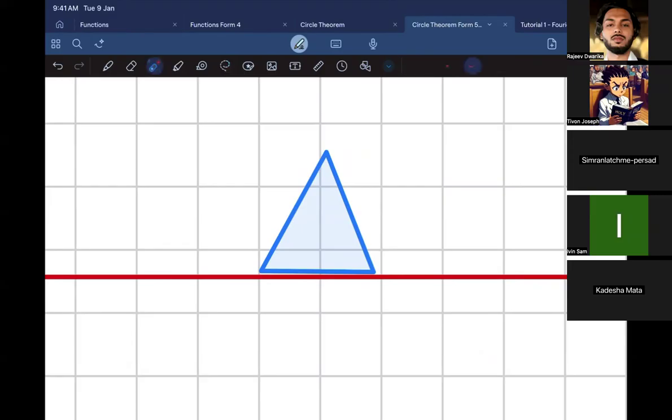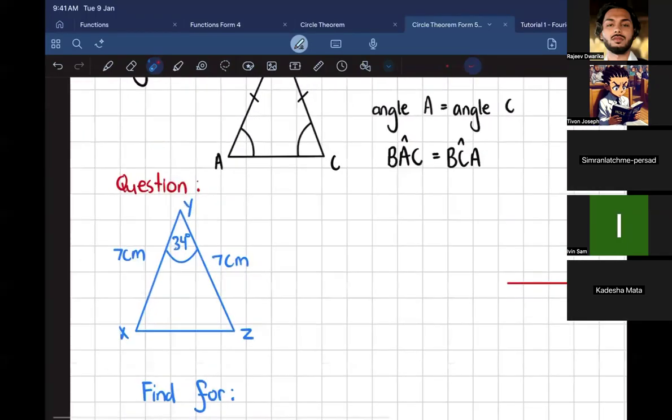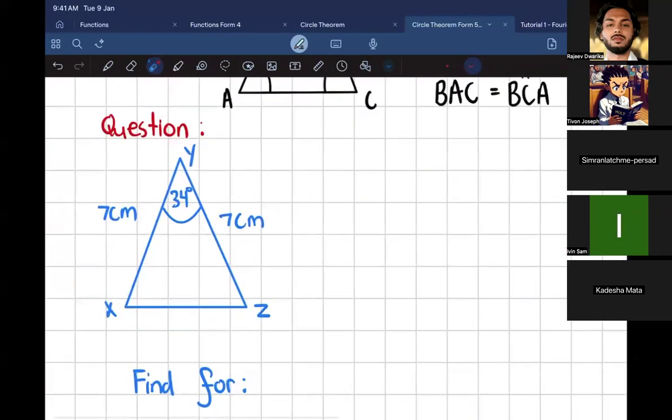So what's the base, Simran? Is it over here, over here? 1, 2, or 3? What's the base? 3. Now, base angles just means the angles at the base. That's it. So these two angles over here. Let me know if you understand that. Nice. Now imagine that table over here.